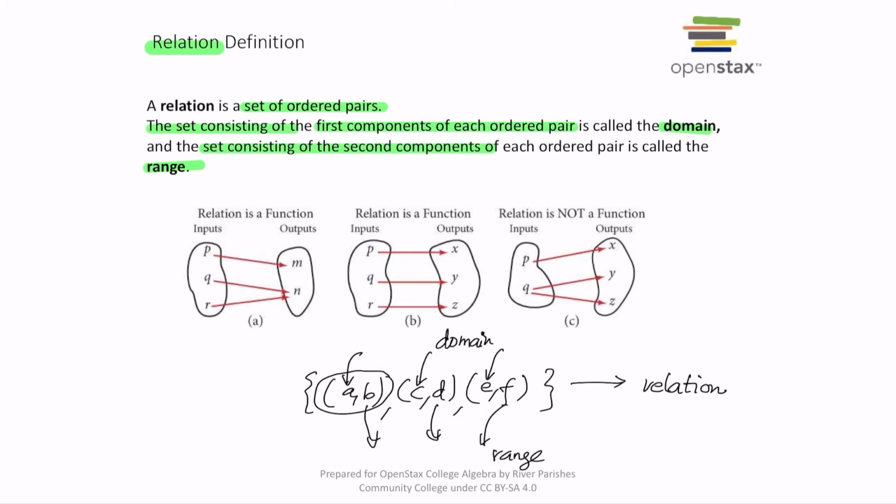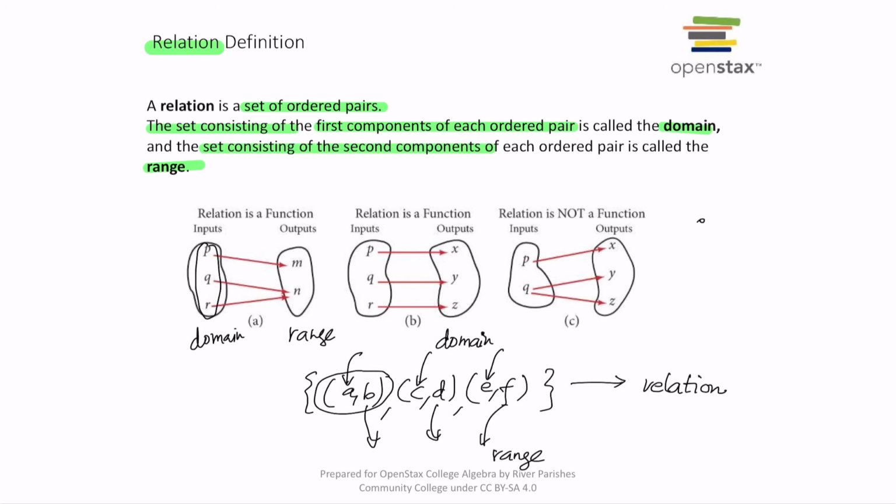Depending on the idea of what can be considered a relation and what is a function, let's take a look at this diagram here. Notice that the first part represents the input, which is the domain, and the second part represents the range. Each input should have an output. That is the idea behind the function.